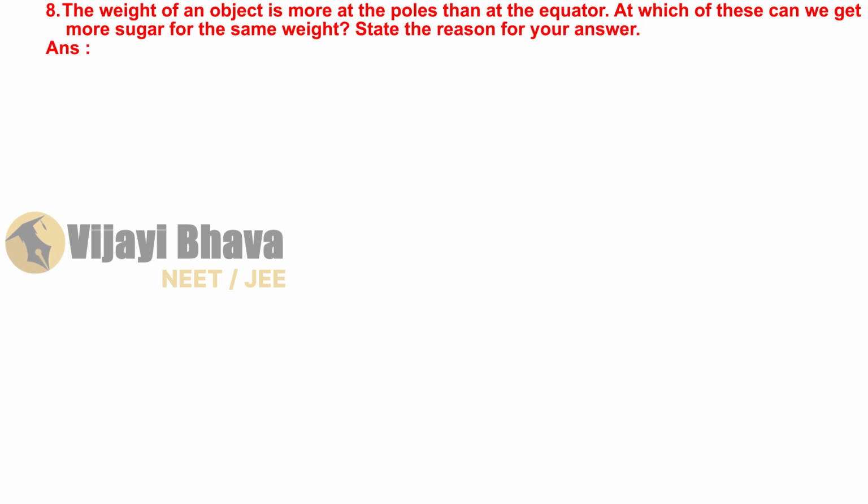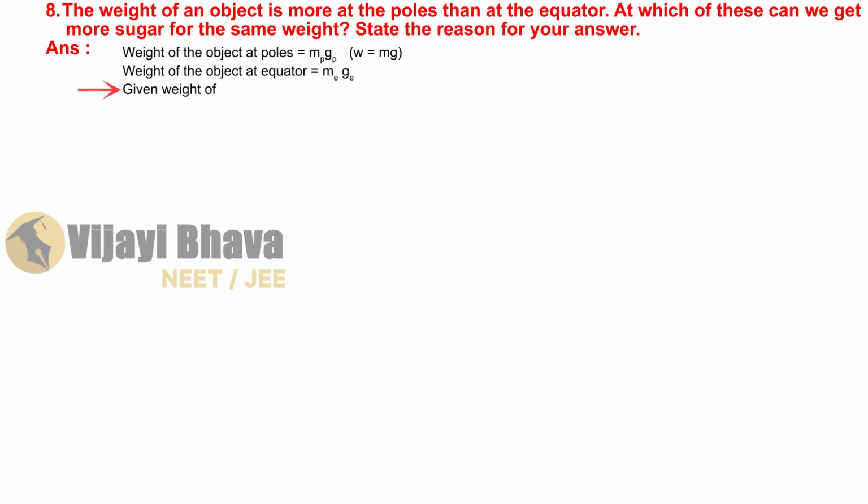We know weight is given by the product of mass and gravity. W is equal to mg. So the weight of the object at poles is equal to mass at the poles multiplied by acceleration due to gravity at poles. Similarly, the weight of the object at equator is equal to mass at the equator into acceleration due to gravity at the equator.